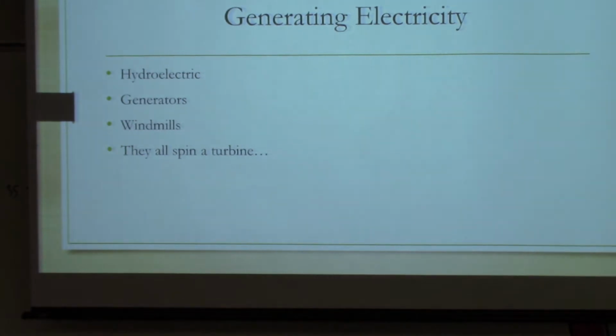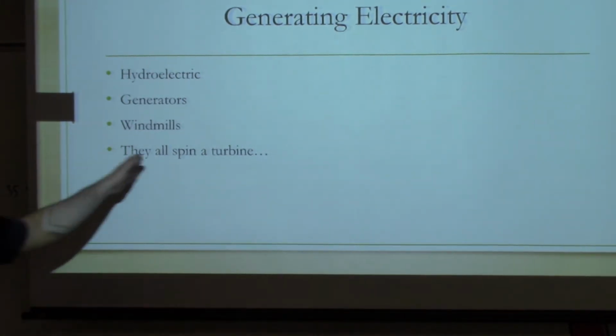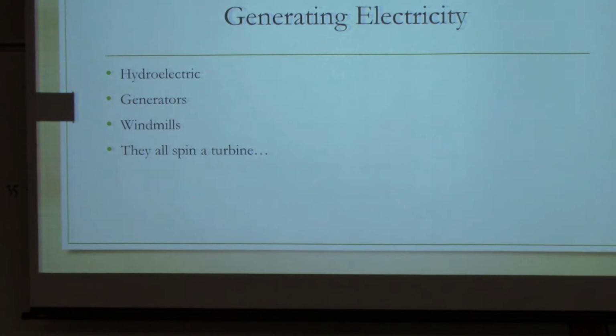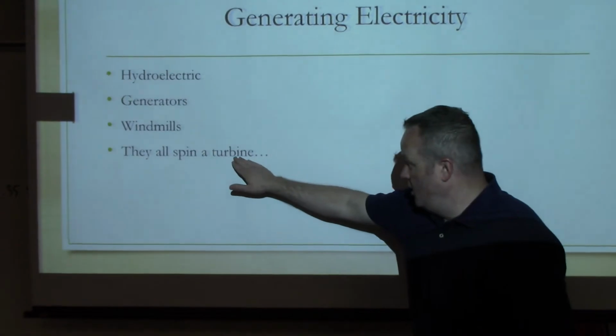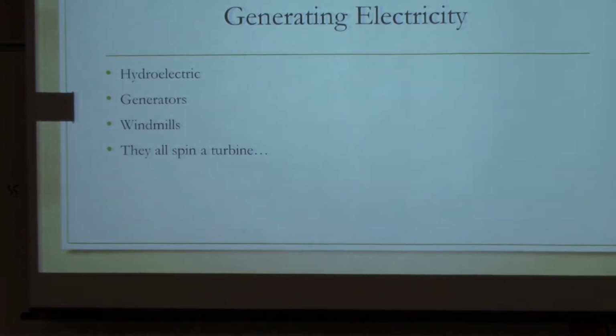All these things have one thing in common: there is a turbine that spins from that kinetic energy, and that's what generates the electrical energy. So these all have a commonality in that they spin a turbine.